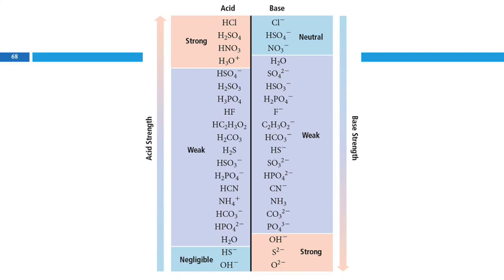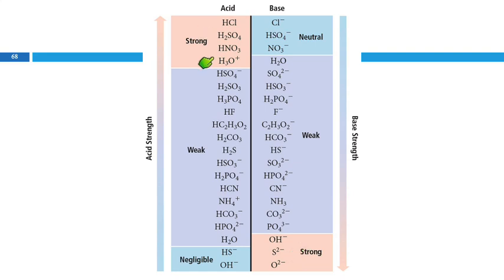Here's kind of a perplexing table of sorts. Here we're looking at acid strength going from very weak up to very strong. And here we have the base strength. Here weak is at the top and strong is at the bottom.